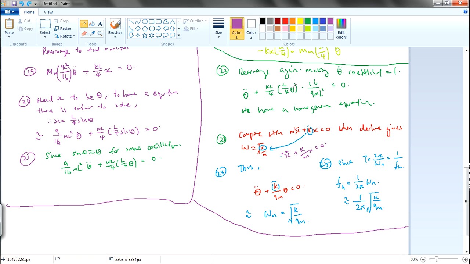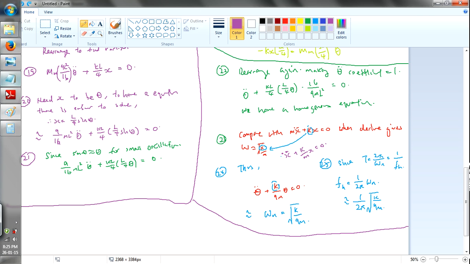Because if you rearrange the whole equation, you eventually get k over 9m. You just want to combine everything into one term. However, this 9m belongs here somewhat, so that you can have this equation correspondingly. So therefore, we have the square root of k over 9m as our natural frequency for the whole system.